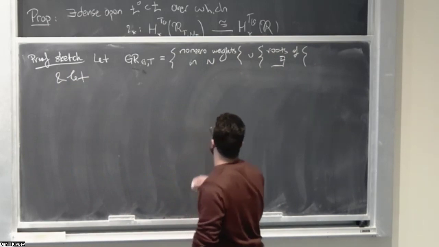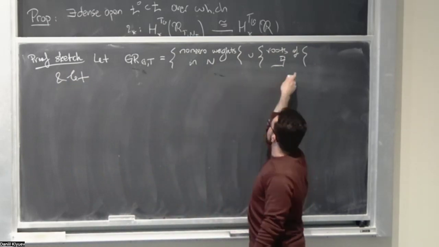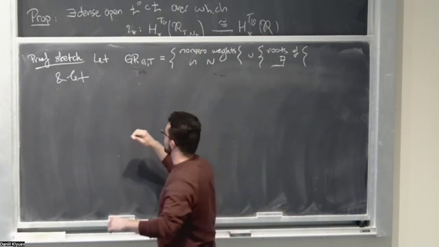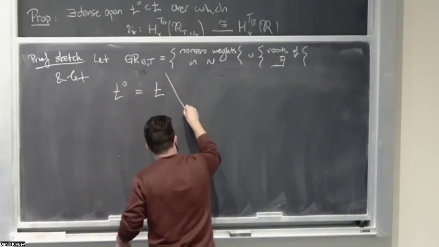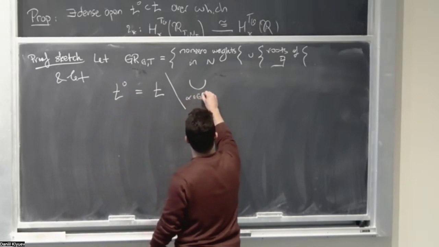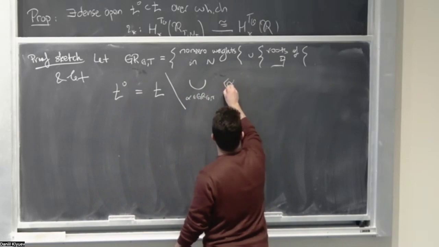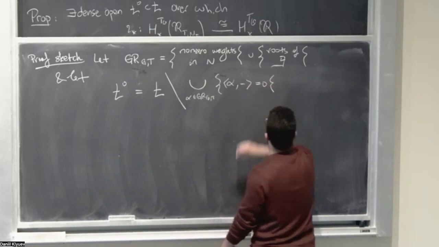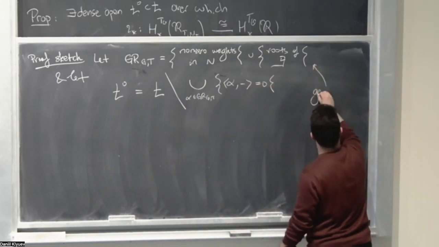Notice that each of them defines a hyperplane inside of T. So for alpha in GRGT, alpha bracket equals 0 is a hyperplane, and T0 is the complement of all of those hyperplanes. They call these generalized roots.